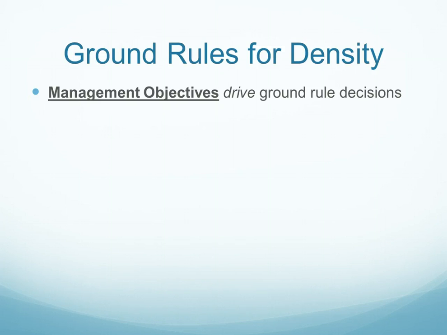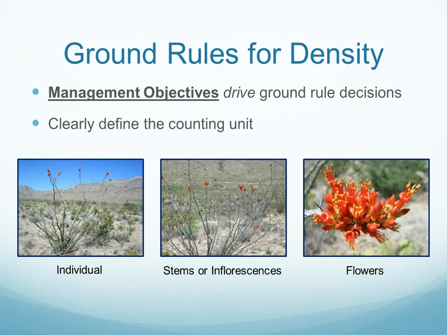Whenever we are preparing to take measurements, we always need to establish our ground rules. And as for all of the measurements that we take using different attributes, it's important to make sure that the decisions we make about ground rules are determined by our management objectives. One of the main ground rules that's important for density is to clearly define the counting unit, and we've already discussed this slightly.